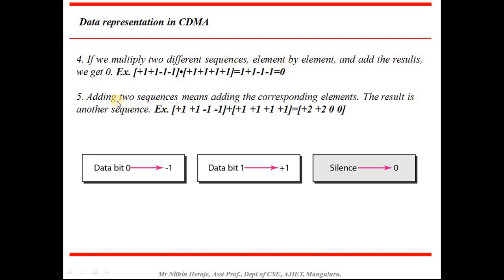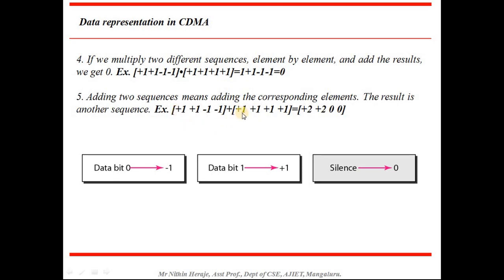Alright. Next, the fifth property is that adding two sequences means adding the corresponding elements. The result is another sequence. That is, if you add one code sequence with another code sequence, this is the result. This element should be added with the first element over here.